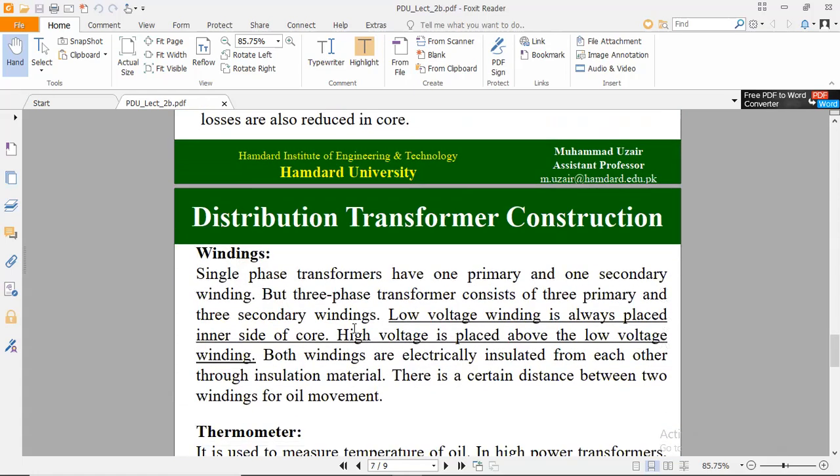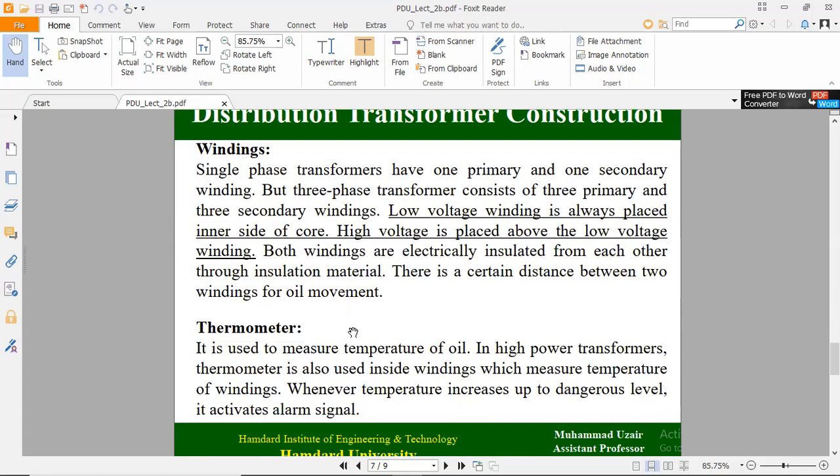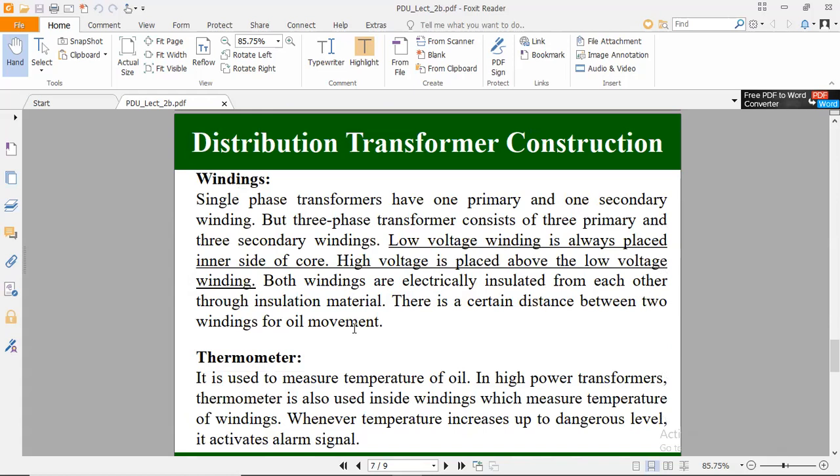Moving towards the next section, windings of distribution transformer. A single phase transformer has one primary and one secondary winding. We all know this thing, but a three phase transformer consists of three primary windings and three secondary windings.